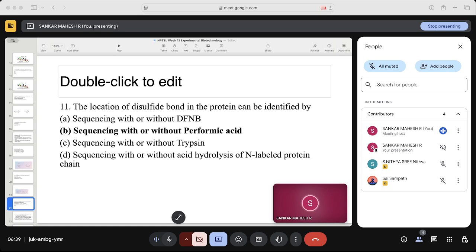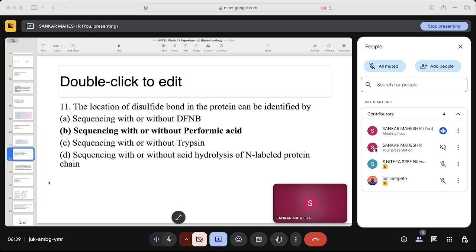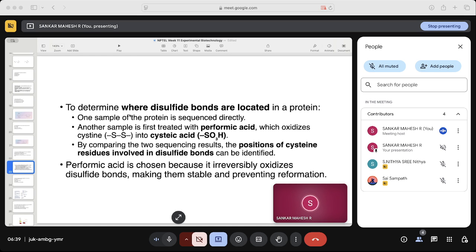Yeah. So do you remember how the location of disulfide bond can be identified? I had mentioned it. Okay, there's no issue. So what people do is they'll take one sample that is not at all modified. So there your disulfide bond is present.